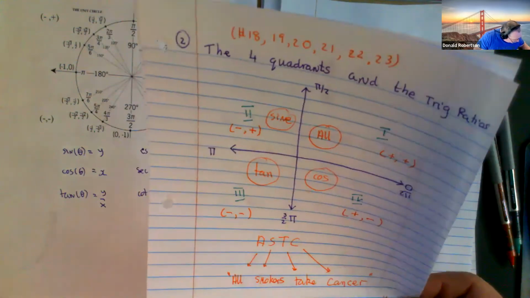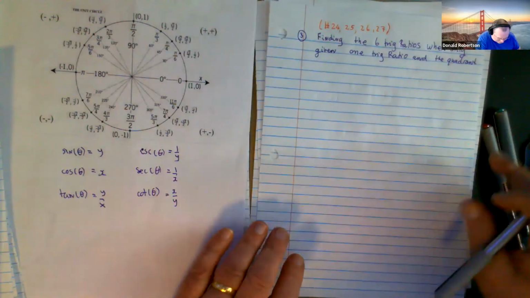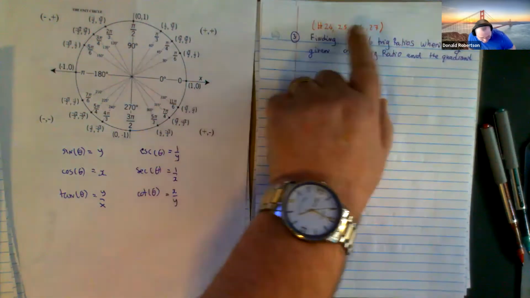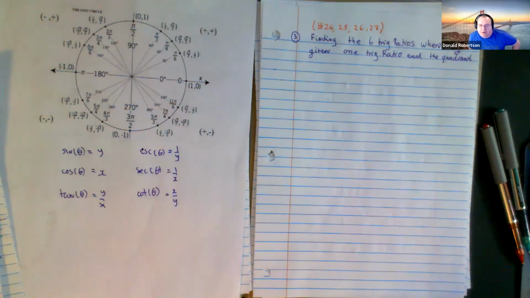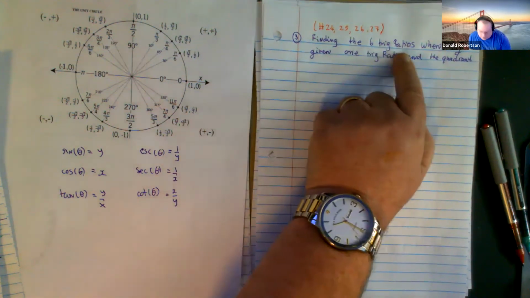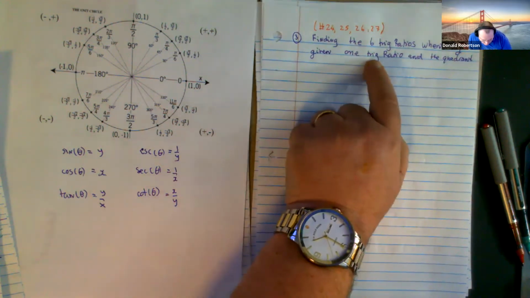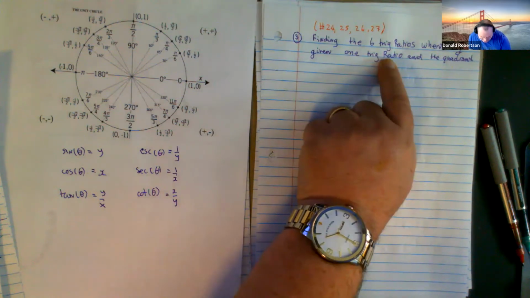So the next thing we're going to deal with is the situation, and these are questions 24 to 27. We're going to try and find all 6 trig ratios when the only information that you're given is one of the trig ratios and the quadrant.